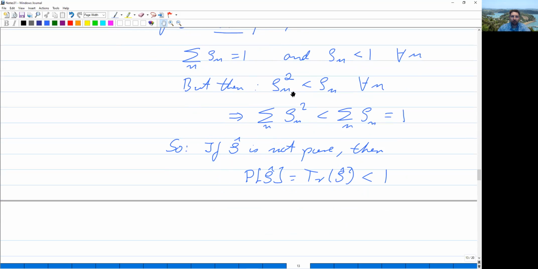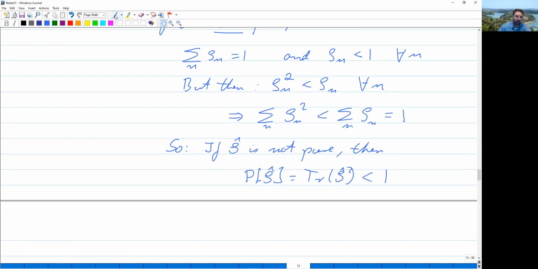But the smaller they are, the larger is the difference between the rho n squared and the rho n. And therefore, the larger is the difference between the purity measure and 1. So the more mixed the state is, the smaller is our purity measure. So we can use P as a measure of purity, with the maximum purity being achieved for the value 1.